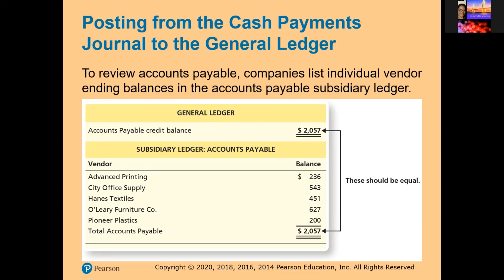To review accounts payable, companies list individual vendor ending balances in the accounts payable subsidiary ledger. The general ledger and subsidiary ledger totals should agree. And here you see the accounts payable credit balance, $2,057, is equal to the subsidiary ledger accounts payable balance of $2,057. They agree.